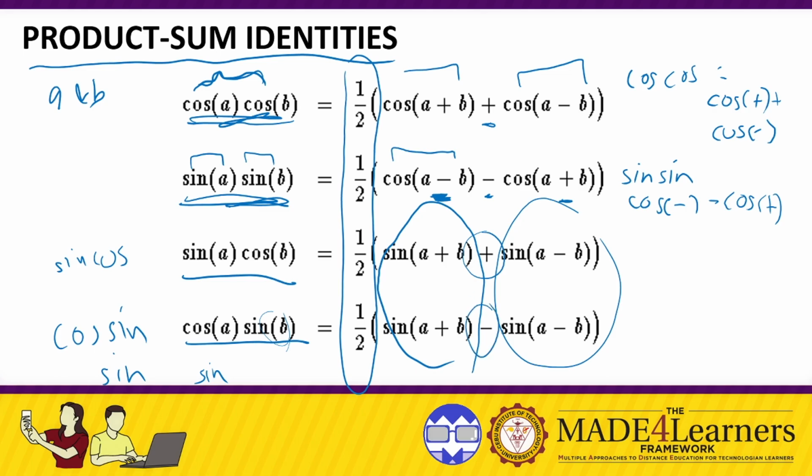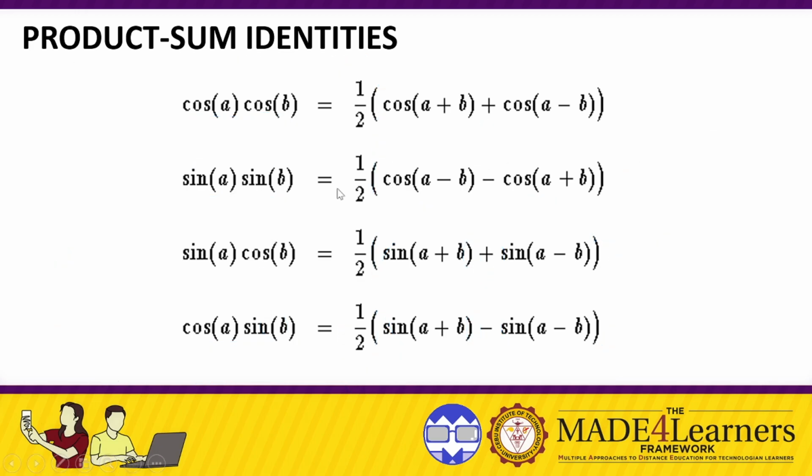So it's plus if it's sin cos, and if it's cos sin, it's minus. That's how we are going to remember the product sum identities. Let's erase everything.